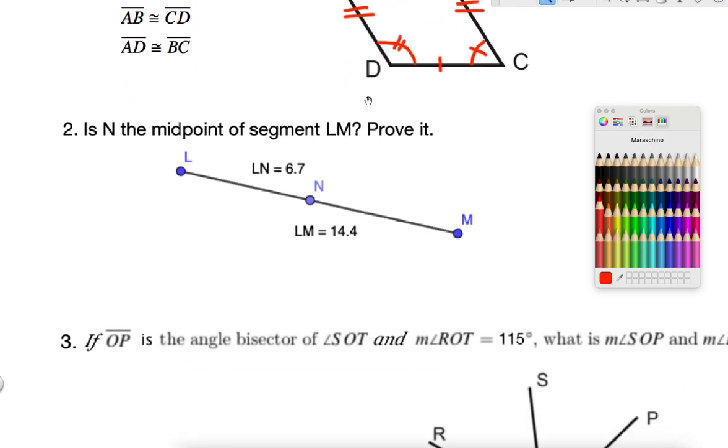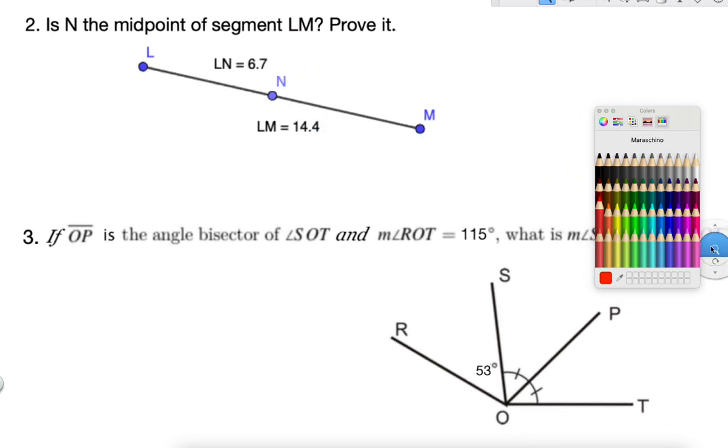Okay, next one. Is N the midpoint of segment LM? Prove it. So we're given LN is 6.7, NM is unknown, but LM is 14.4. So if N is the midpoint, that means that half of LM should be 6.7. So let's see, if we take 14.4 and we take half, we end up getting 7.2.